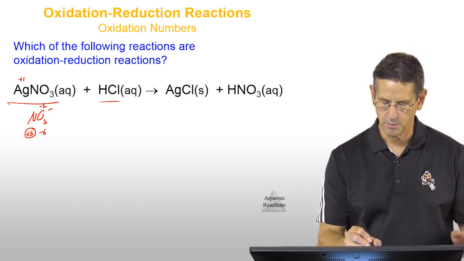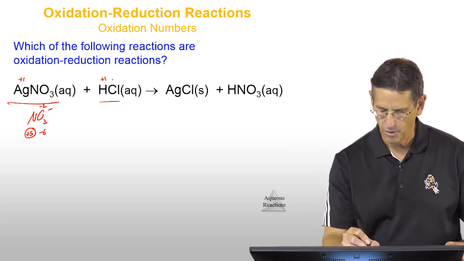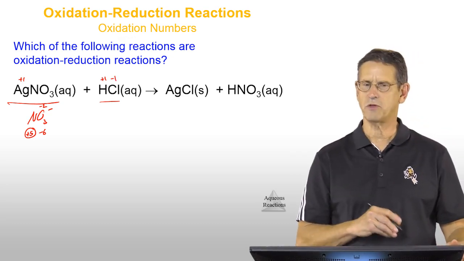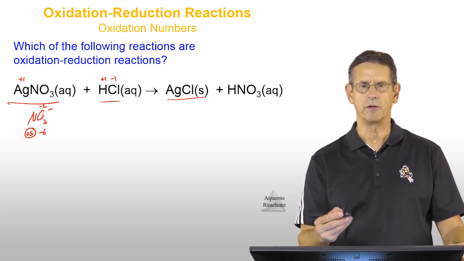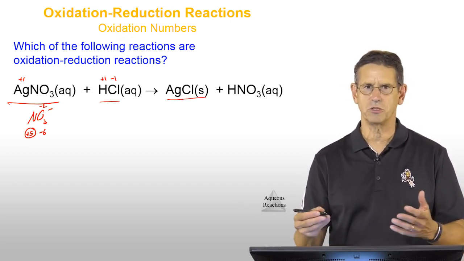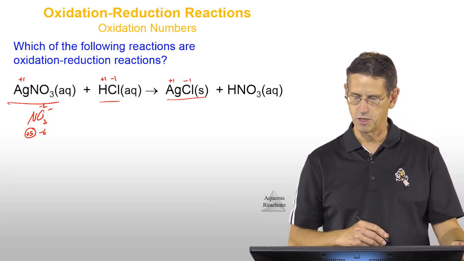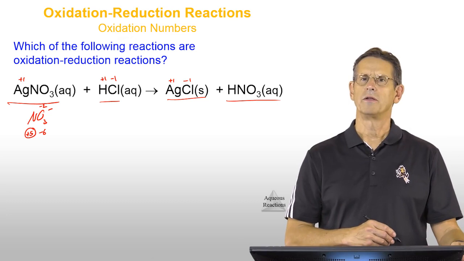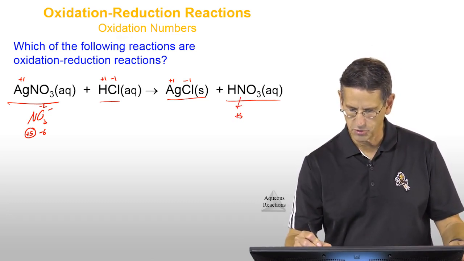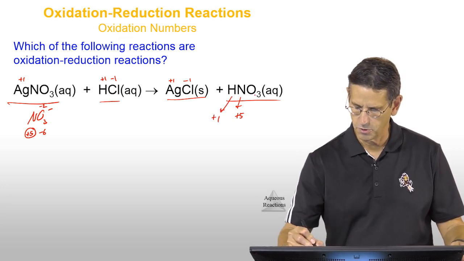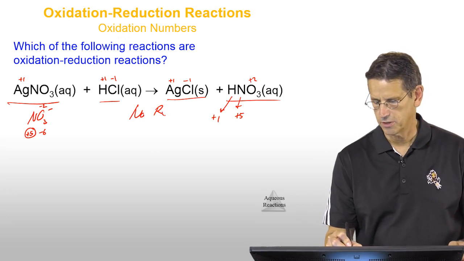Hydrogen in its compounds, +1, chloride, halogen group, -1. Well, let's see if anything's been oxidized or reduced. Silver chloride, another ionic compound. Oxidation numbers haven't changed. Silver's +1, chloride's -1, so no change there. Nitric acid, again, no change. That nitrogen is still going to be +5, +1, and each of these -2. So this is no redox.